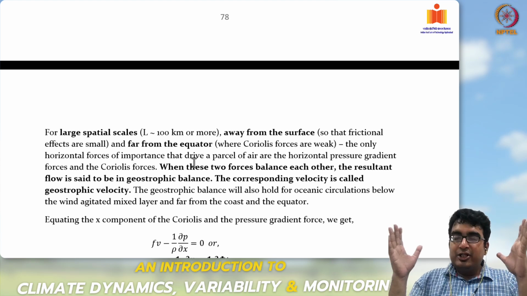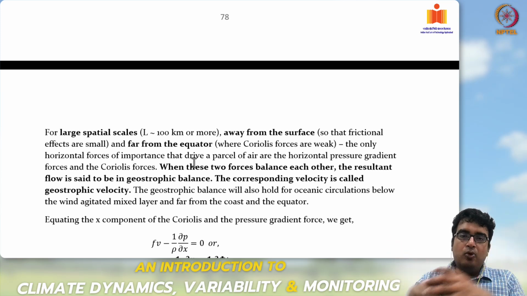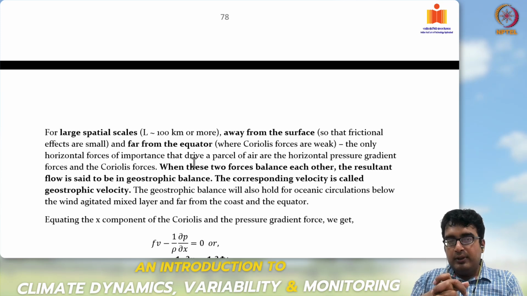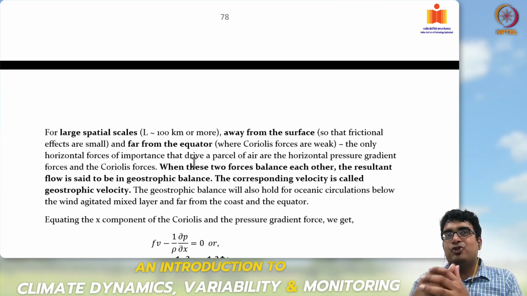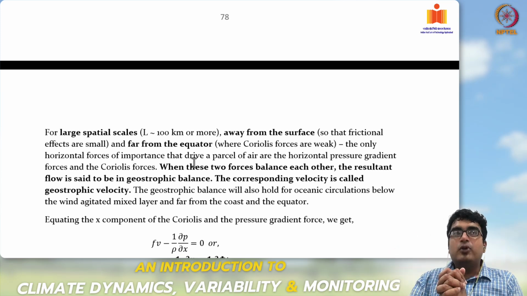So, scales of 100 kilometers or more, away from the surface, that is not very close to the ground where frictional forces are important, and away from the equator, where Coriolis forces are strong enough, the only horizontal forces of importance that drive a parcel of air are the horizontal pressure gradient forces and the Coriolis forces.